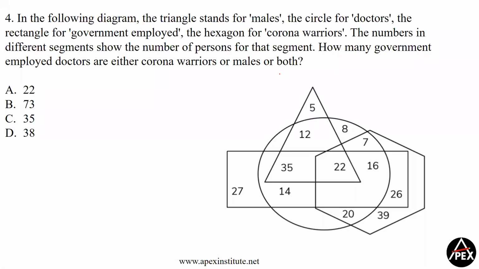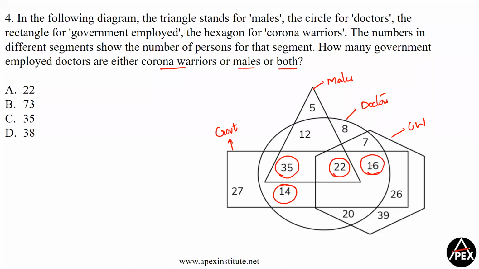Okay, so in the following diagram, the triangle represents, this is similar to the previous one. This is males, this is for doctors, this is for government employees, and this represents corona. Now, how many government employed doctors are either corona warriors or males or both? So government employed doctors, we have 35, 14, 22, and 16. They should be either corona warriors.